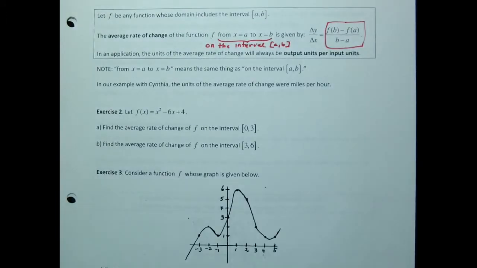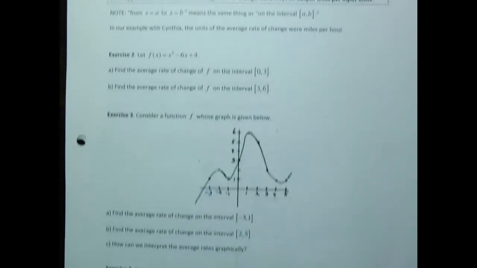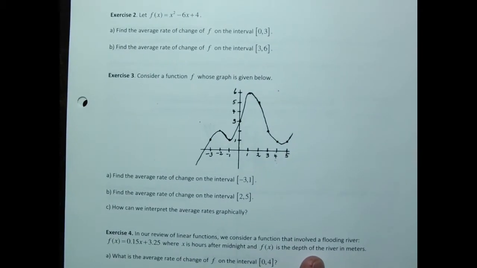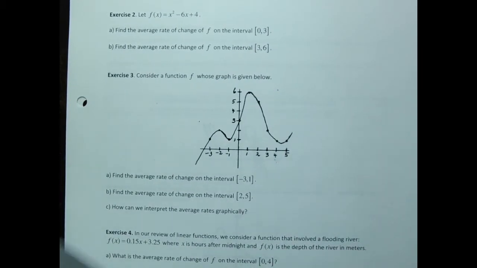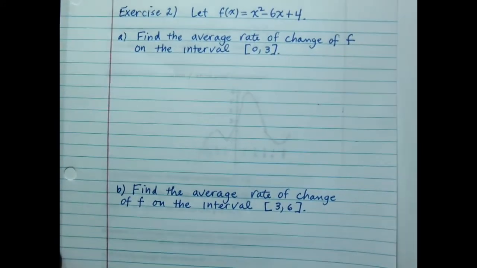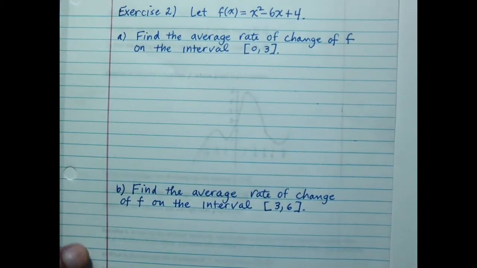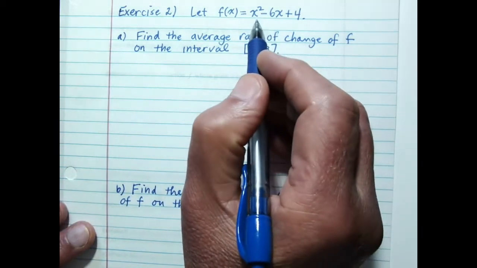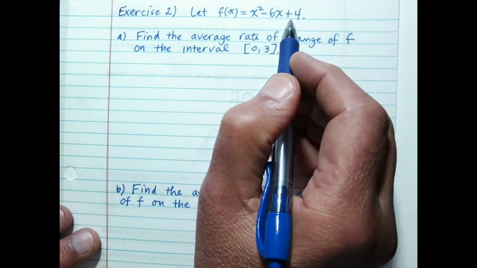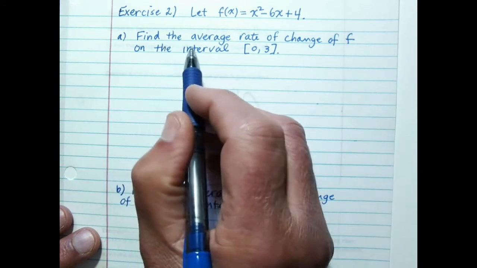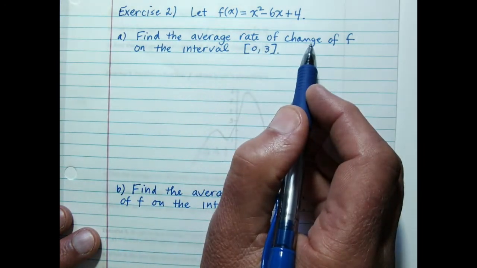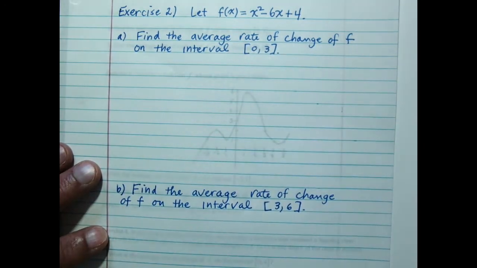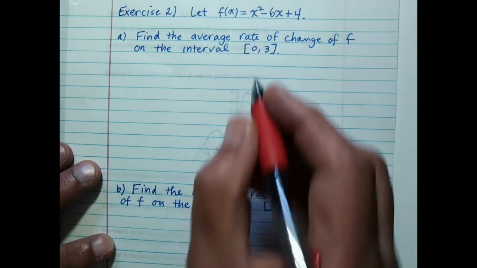So let's go ahead and apply this now to exercise 2. And I recopied exercise 2 on a separate sheet of paper. First, we're just given this function, x squared minus 6x plus 4. And we want to find the average rate of change of f on the interval [0, 3].